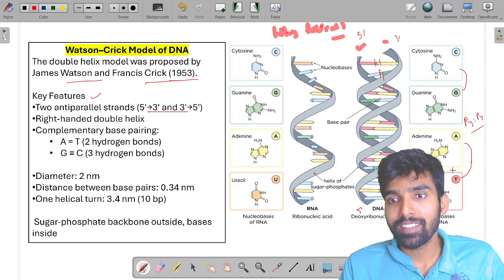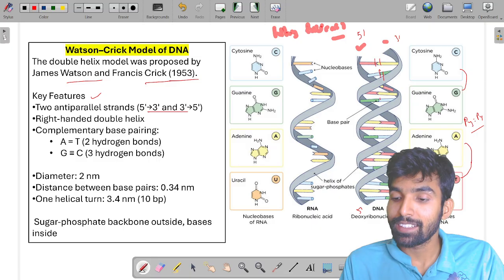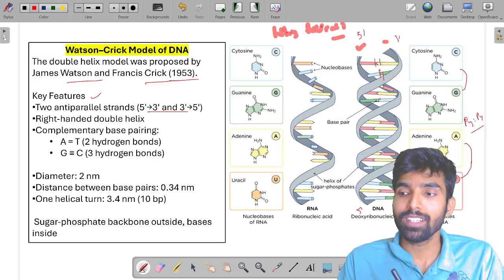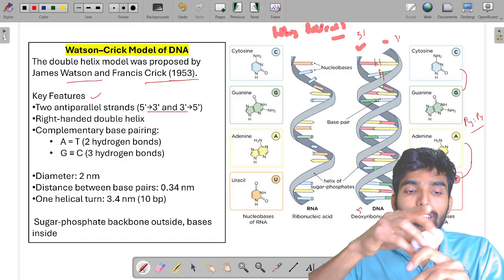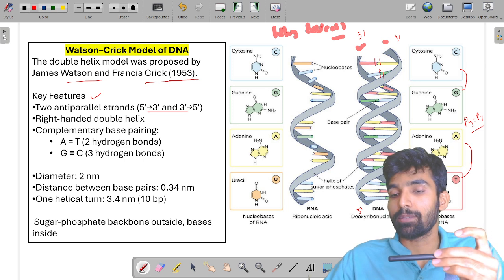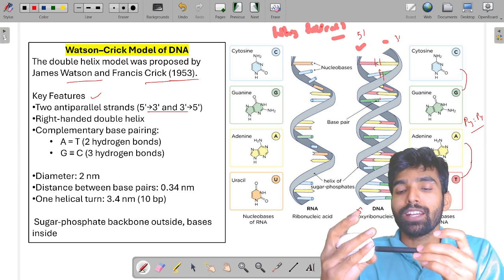If C and T are pairing, I'm not saying that it's not possible. It can pair up, but the structure will not be stable. For the sake of stability, one large thing and one small thing. Let's say this strand is carrying this large group, and the other anti-parallel strand is carrying this small group, so the total volume is fixed.